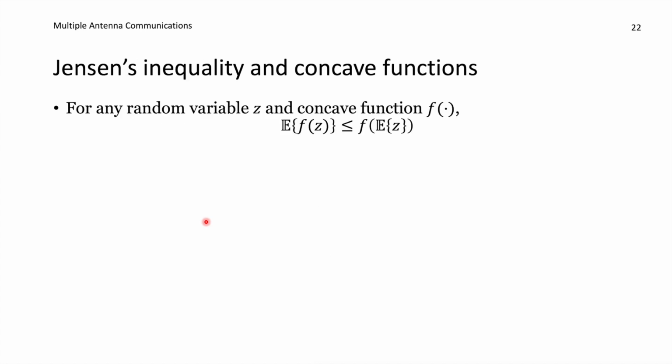To quantify the impact of having multiple antennas, we will make use of something known as the Jensen inequality that you can apply to so-called concave functions. This theorem says the following: if we have a random variable z and a concave function f, then if we take an expected value of that concave function of z, and compare it with moving the expectation to the inside, we always get something that is larger.